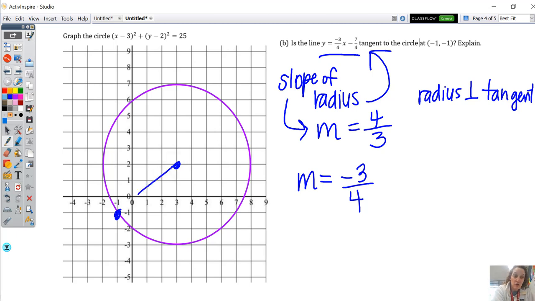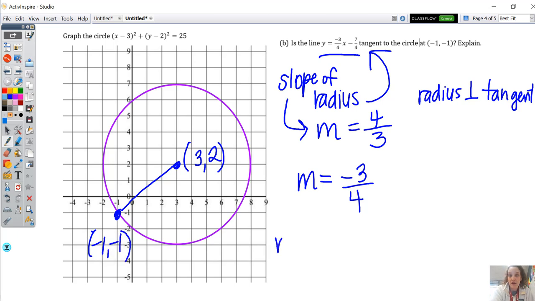So I am just going to calculate the slope of the radius, the slope that goes from the center to that point of tangency. My center, remember, is at (3, 2), and my point is at (−1, −1).